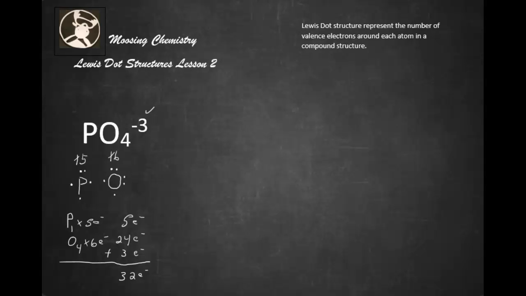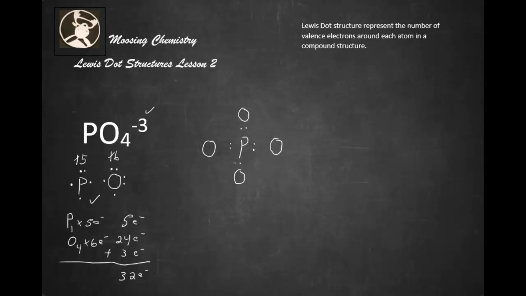So we know that P has the fewest electrons, the fewest dots, so that's going to be our core atom. Put P in the middle, and we're going to put O around. The first thing we need to do is connect these to the O, just like this.